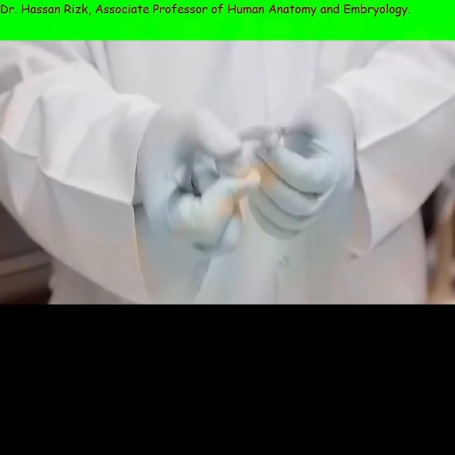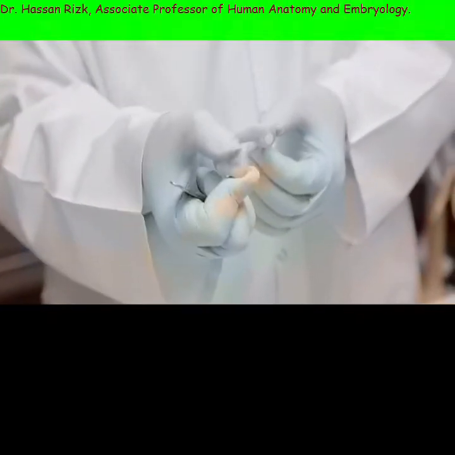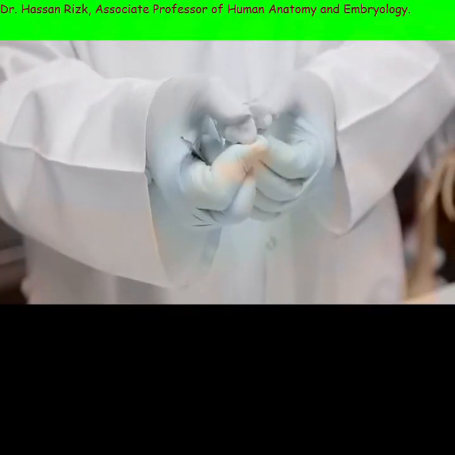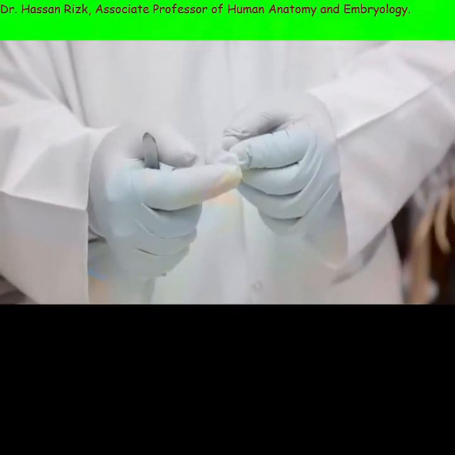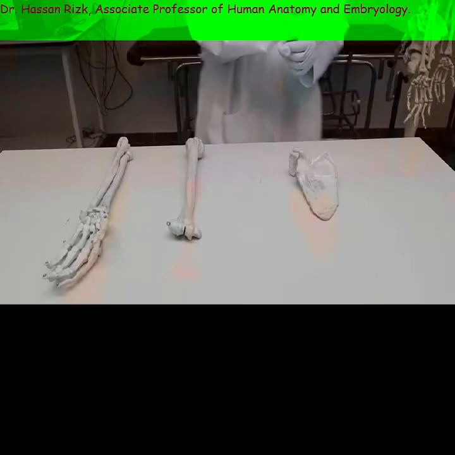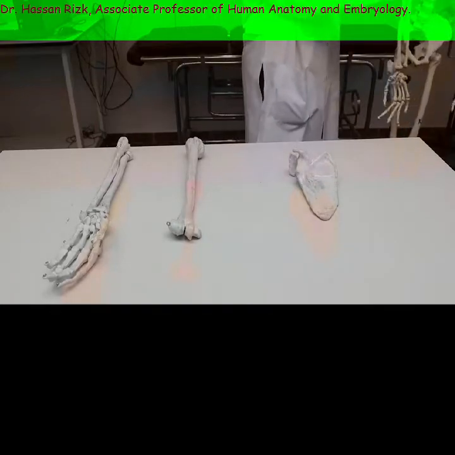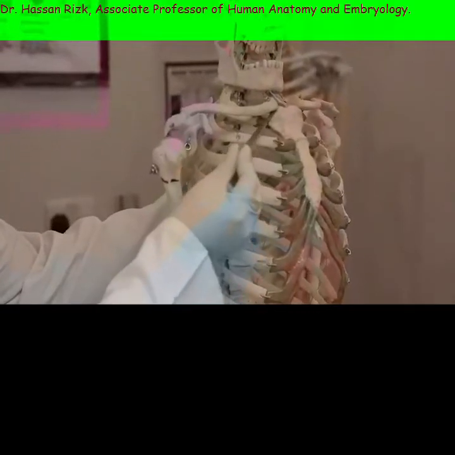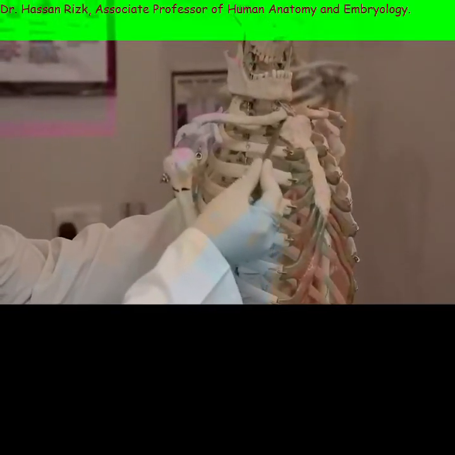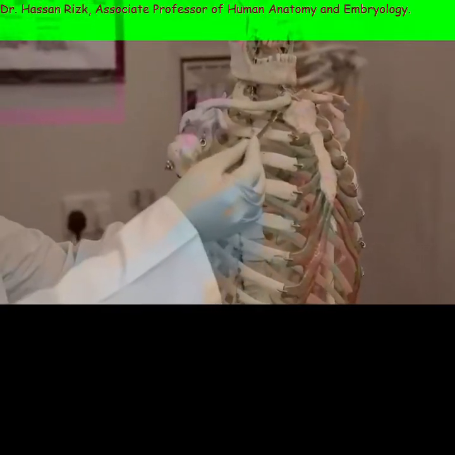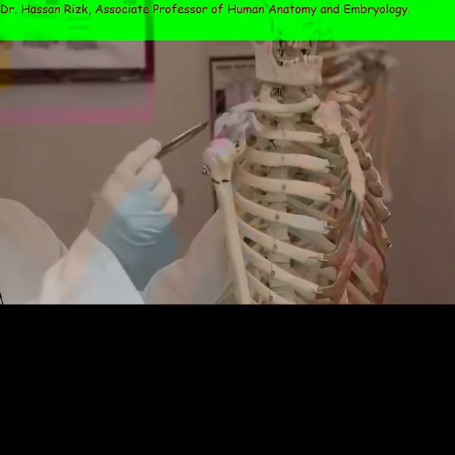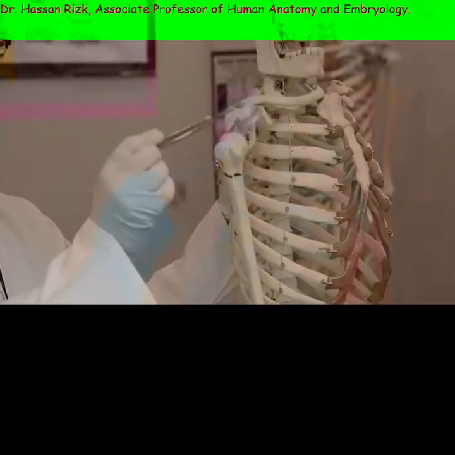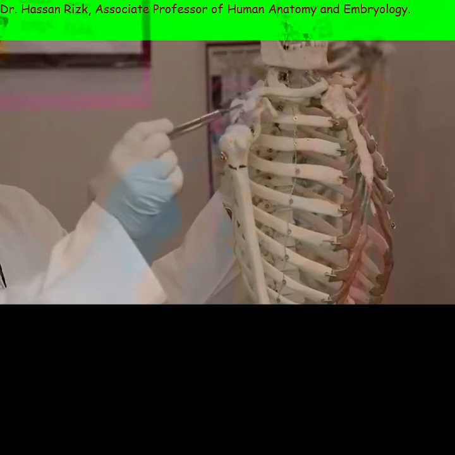The medial end of the clavicle is sometimes known as the sternal end because it articulates here with the sternum to form this joint, which is known as the sternoclavicular joint. While the lateral end is sometimes known as the acromial end, as I will describe later on, inshallah.